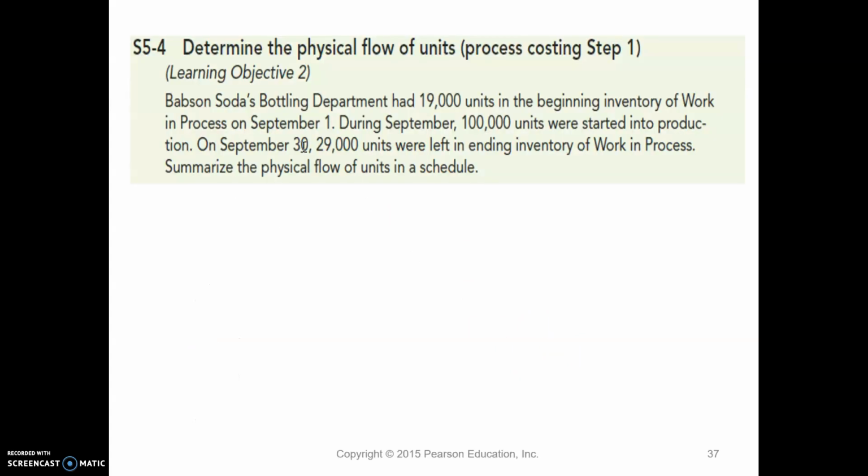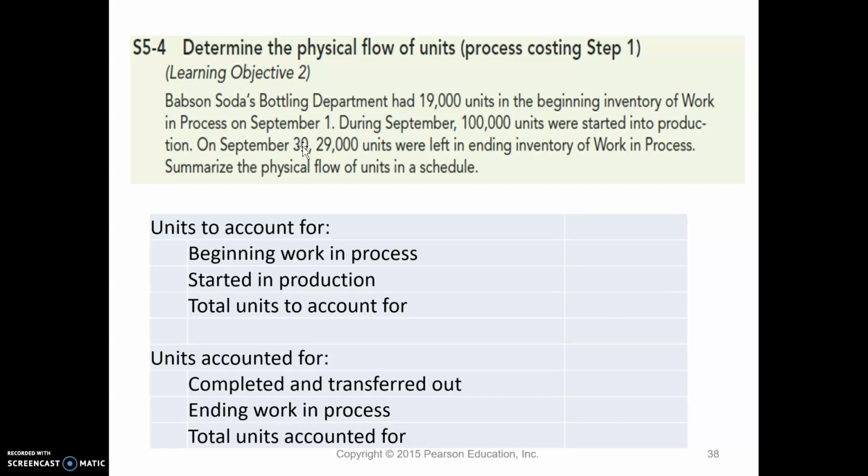Here's another example. We've got 19,000 units in the beginning work in process inventory. 100,000 units were started into production. At the end of the period, 29,000 were left in ending work in process. So here's what we need to do our physical reconciliation and the information they told us.